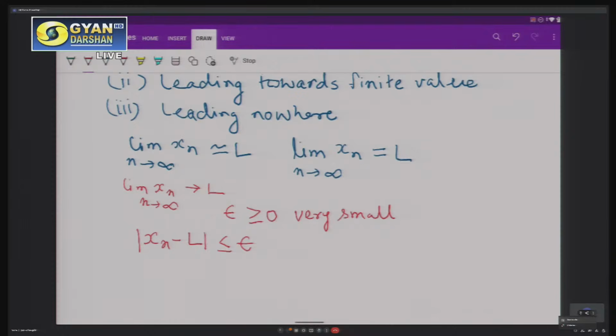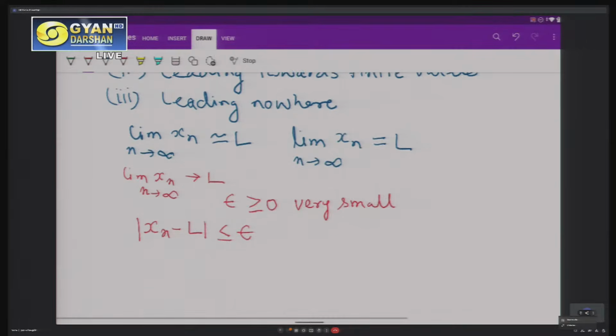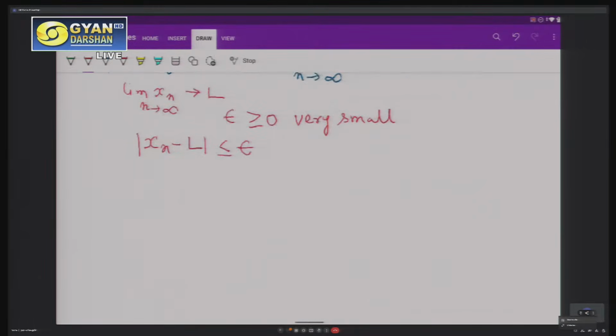Now epsilon is a Greek letter, and it is used in mathematics to denote a small quantity. So howsoever small we choose it, 0.01, 0.001, this identity should be satisfied.